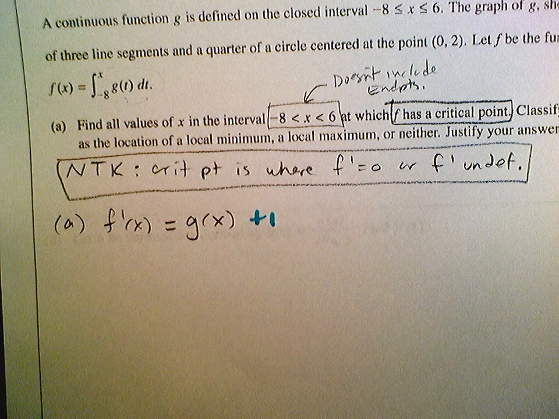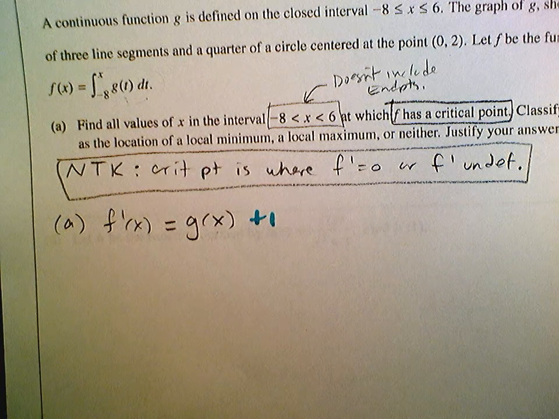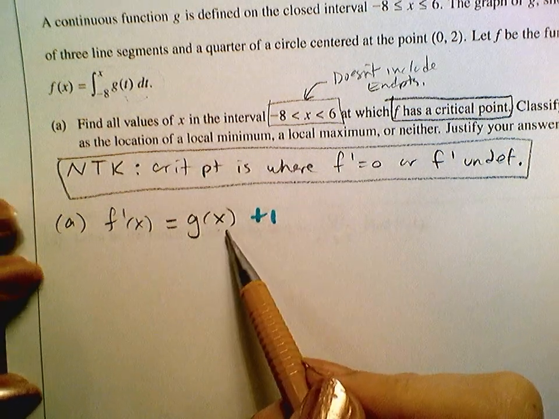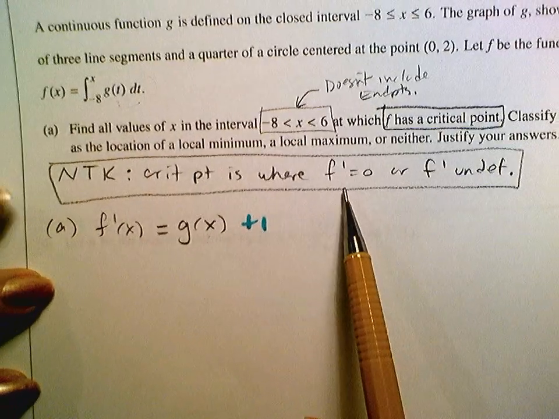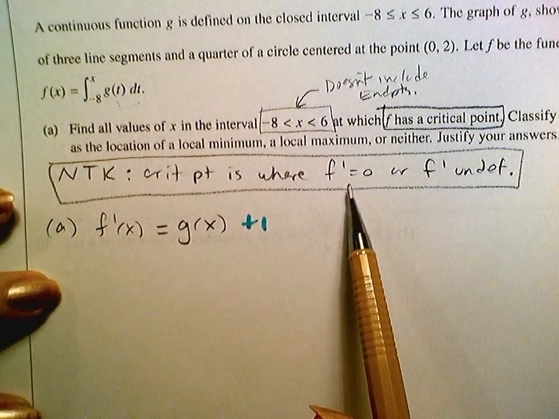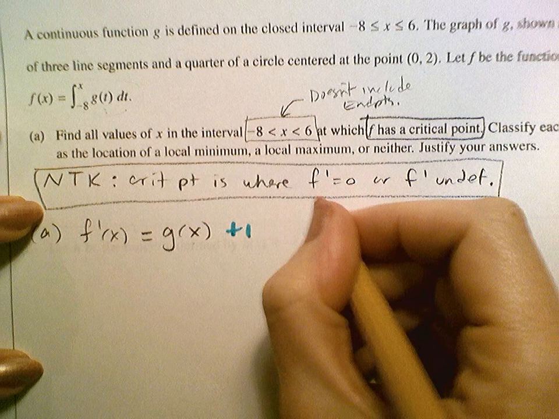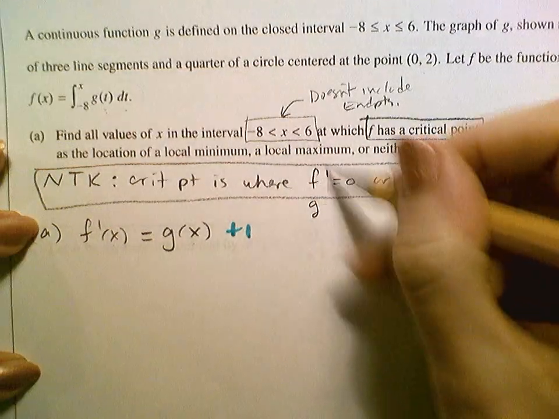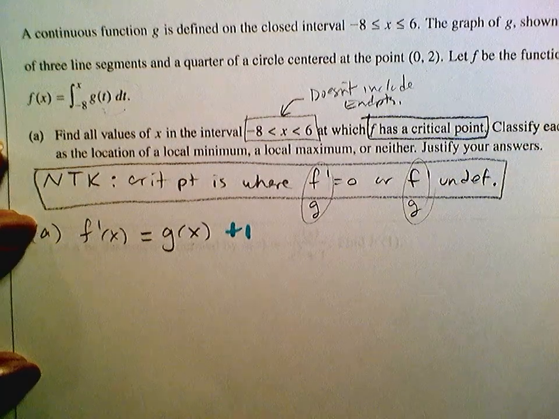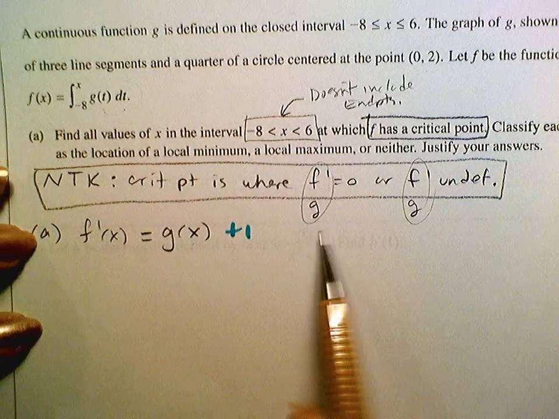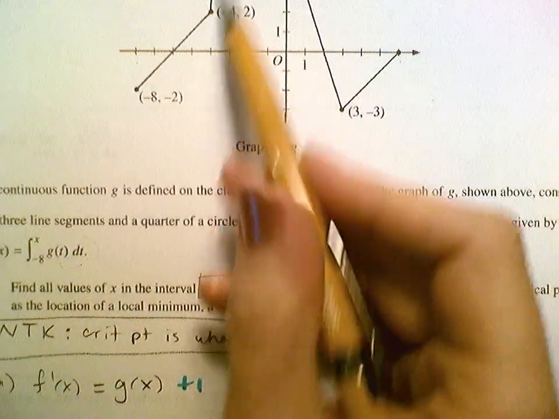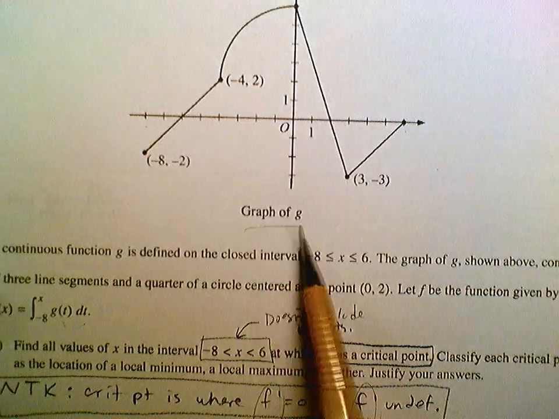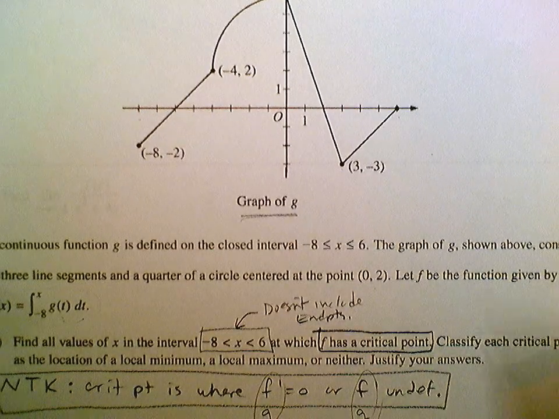Because of this, I'm looking for where g is 0 or g is undefined, because g is f prime; they're the same thing. I'm looking for where g is 0, because this graph is defined everywhere. This is the graph of g, and it's defined everywhere.